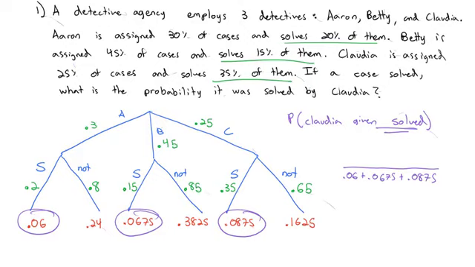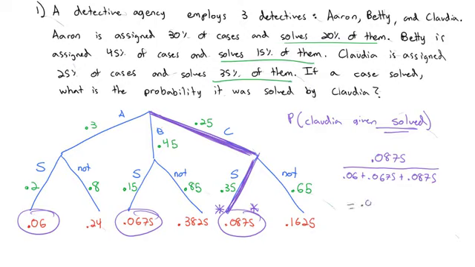That goes underneath what we're actually looking for. We're looking for Claudia's solved cases. Specifically, we're going down the Claudia branch and the solved branch. The part we're most interested in is when that 0.0875 happens. So you see our Claudia and solved both go in the numerator, and the denominator is made up of all the given pieces, all the solved pieces.